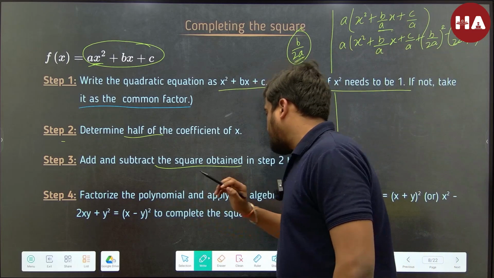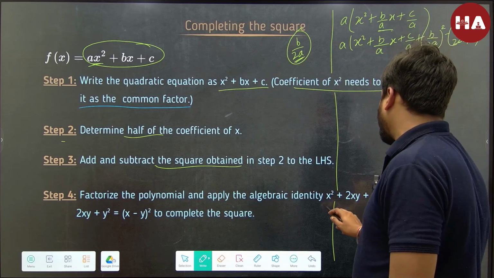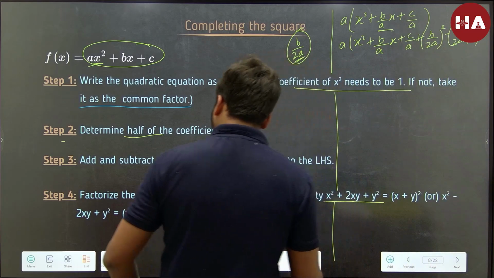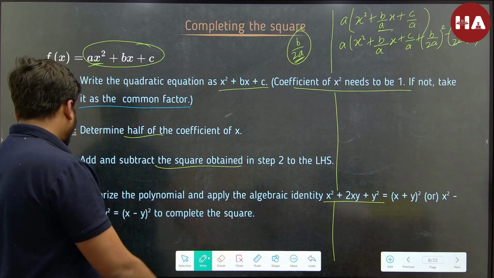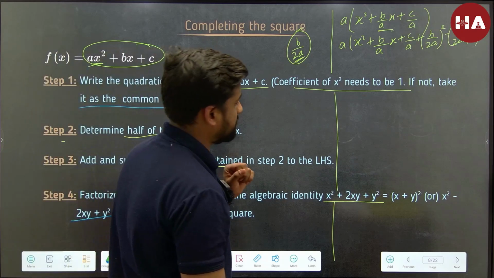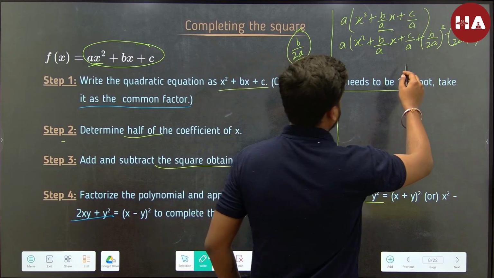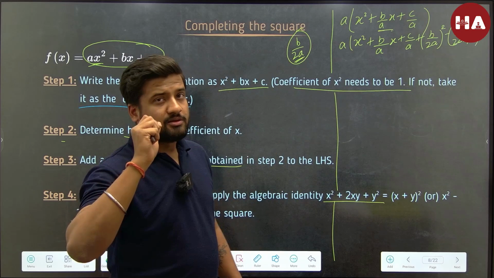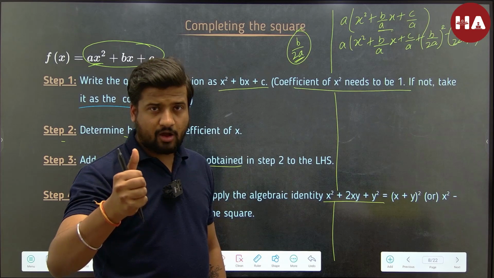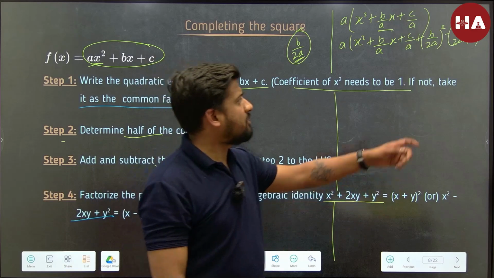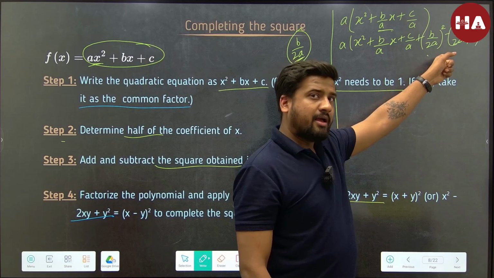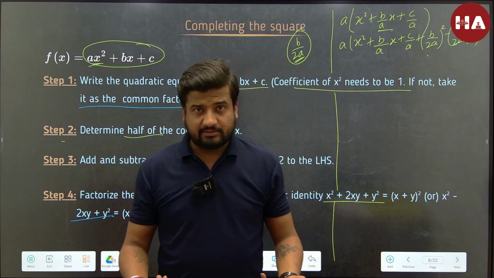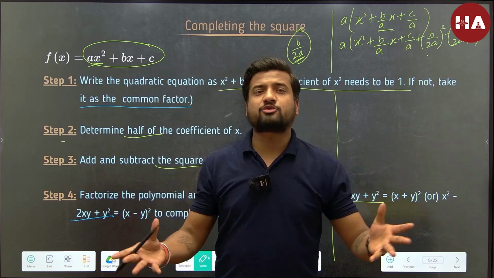Factorize the polynomial and apply the algebraic identity x square plus 2xy plus y square or x square minus 2xy plus y square. So basically, always remember the x square term, the plus term that you added, and the term containing x will give you the whole square thing.